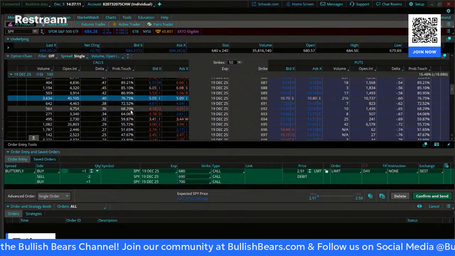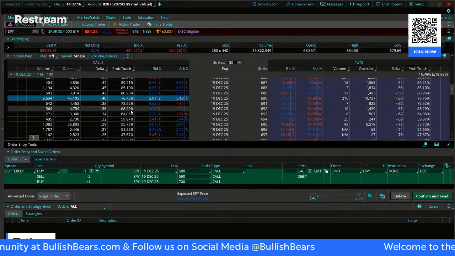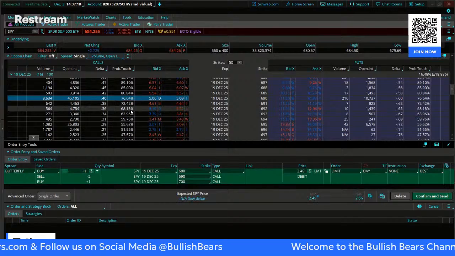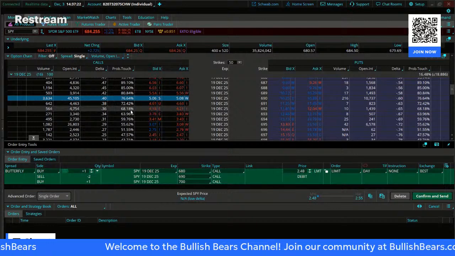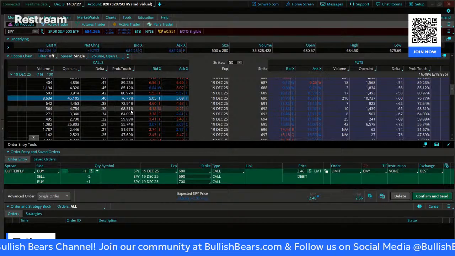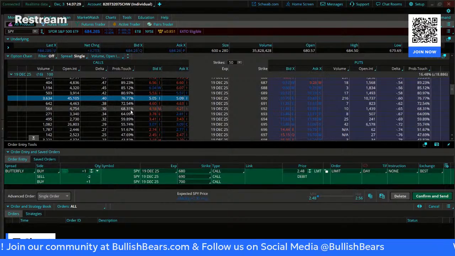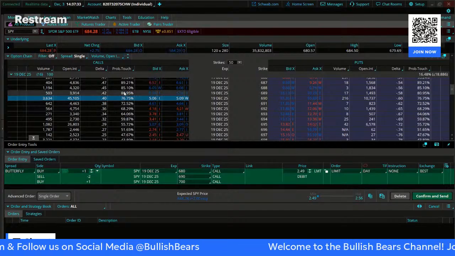It doesn't mean close at that level. It's not using price at expiration, but it is using between now and expiration. How likely is it that price touches that level? That's useful. Turn that on depending on who your broker is. Not all brokers have that.